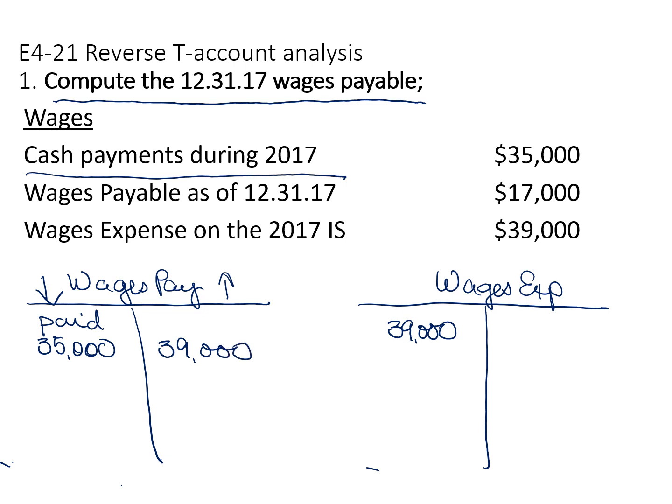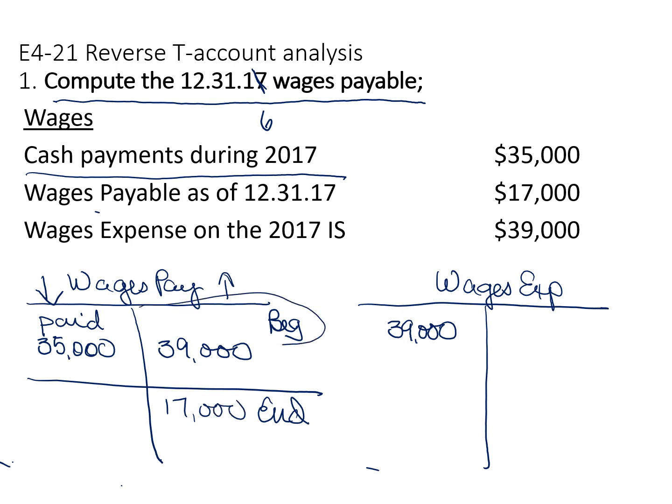And what I'm trying to find is, this should say 2016. So I want to find my beginning balance in wages payable, sorry I typed it wrong, but I know the ending balance in wages payable is 17.